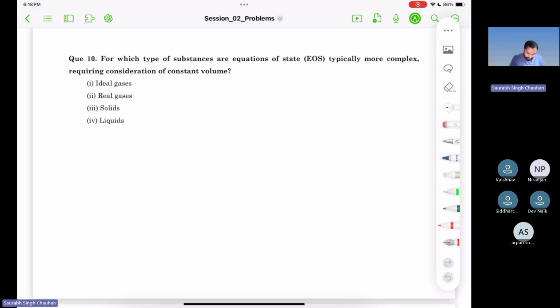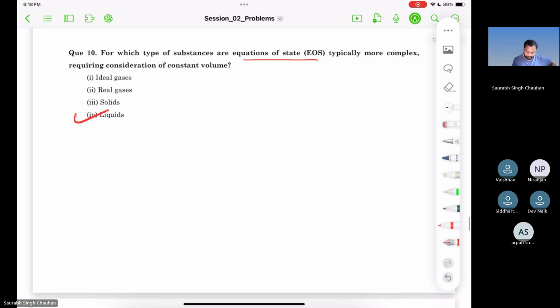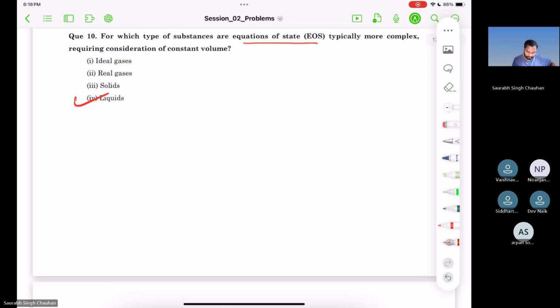So for writing the equation of state for liquids, we need to make some assumptions, for example, considering the constant volume. So the correct option is the fourth one.